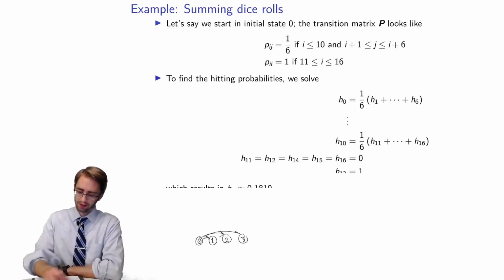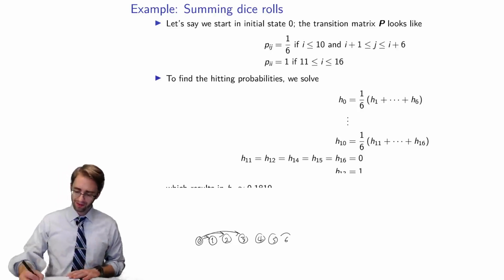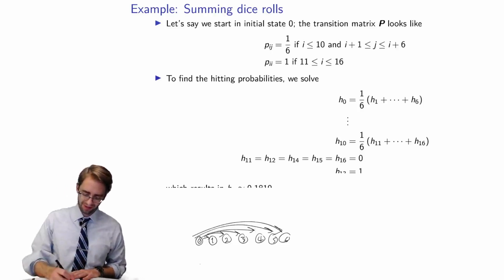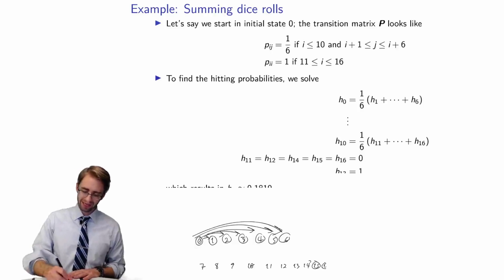And I'll draw more parts of this chain here: 7, 8, 9, 10, 11, 12, 13, 14, 15. Oh, I can't quite fit it in, too bad. But it's okay. It's a really ugly drawing anyway.